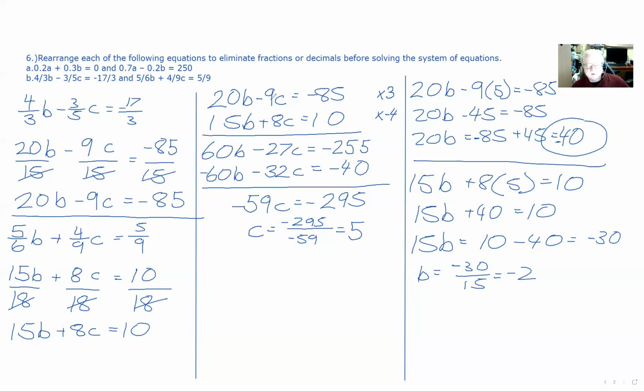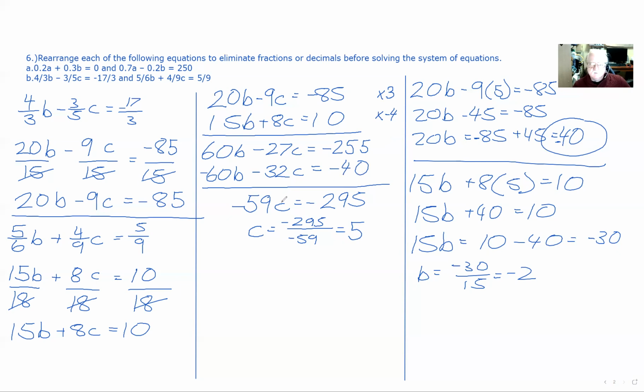Sign, negative, negative, negative. So 60, 3 times 9 is 27, negative 27. 3 times 85, 255. 4 times 8 is 32, negative 32. 4 times 10 is 40.